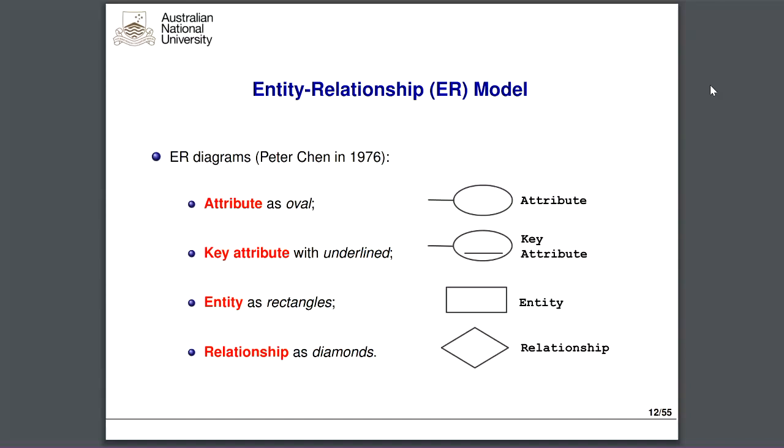In the ER model, we represent attributes as ovals or ellipses, sometimes I call it an ellipse as well; key attributes with an underline inside the attribute; entities as rectangles; and relationships with diamonds.